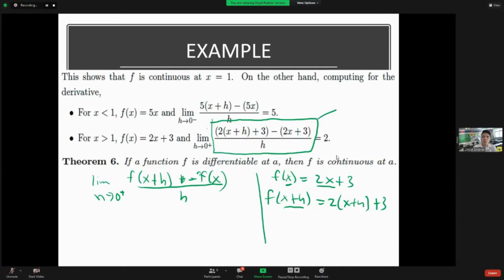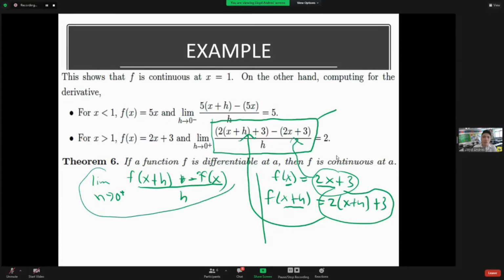So, kaning 2, kani, mao na. Sunod, ang kani, 2x plus 3, mao po na. So, asa na gikan again? Kani ato ang formula.